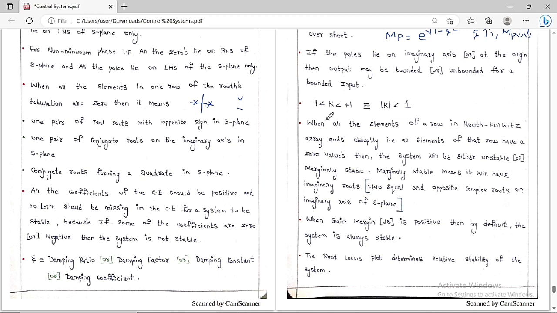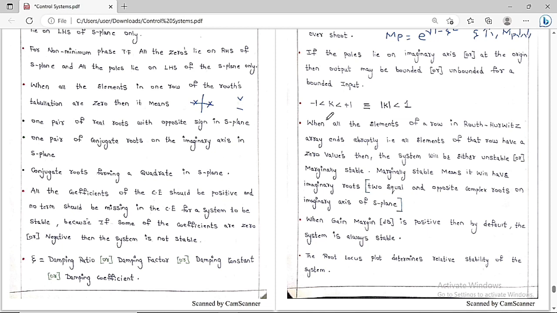When all the elements of a row in the RH array end up abruptly and have 0 values, the system can be either unstable or marginally stable.